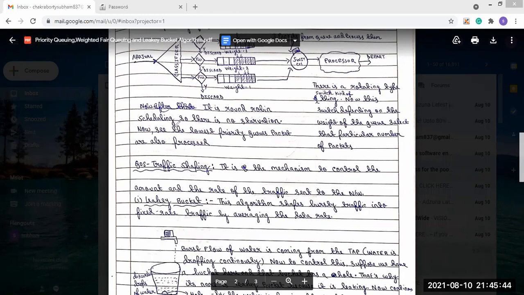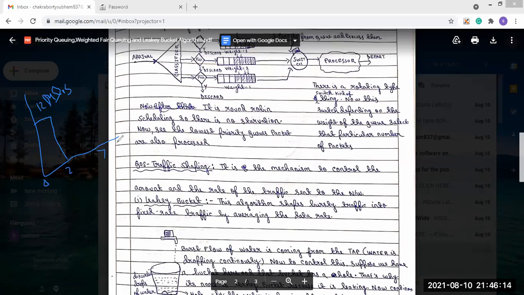Let's say this is the graph. From 0 to 2 seconds, the data came at 12 Mbps speed. After that, no data came.